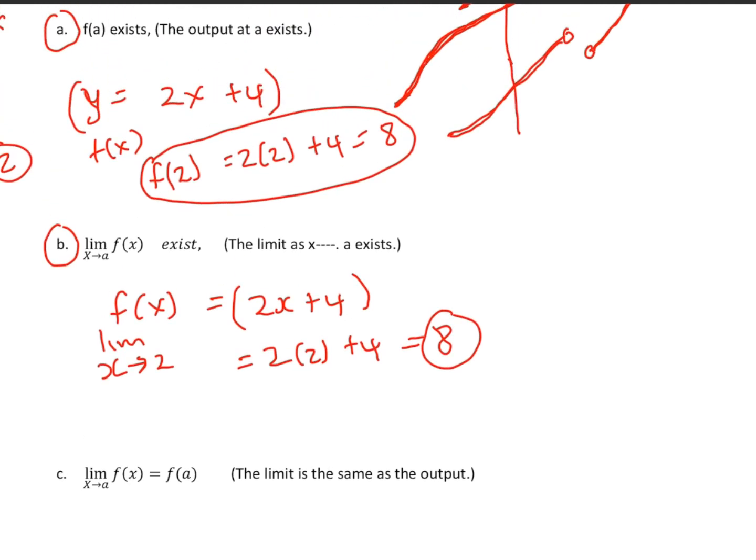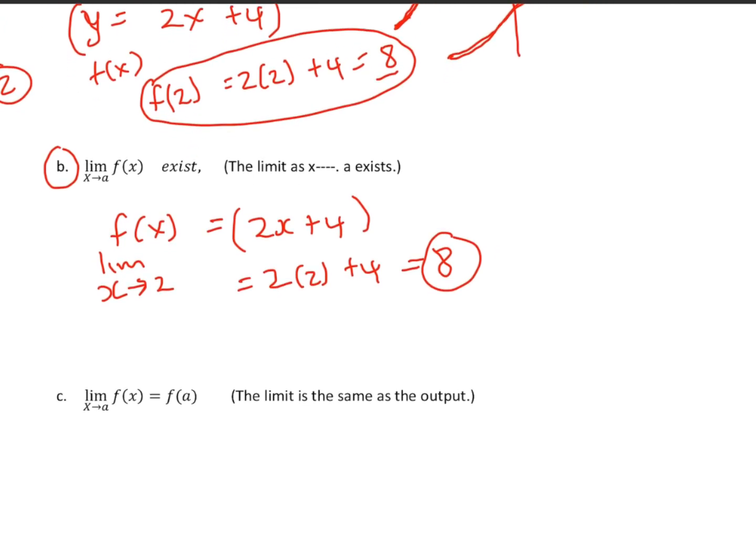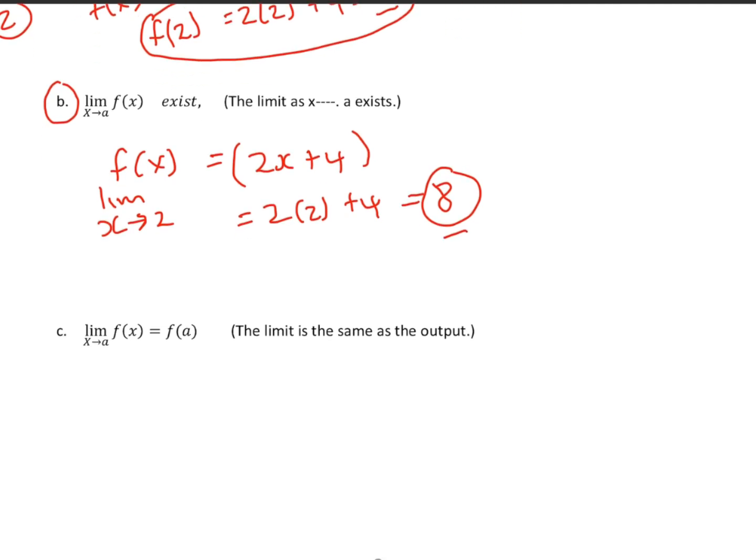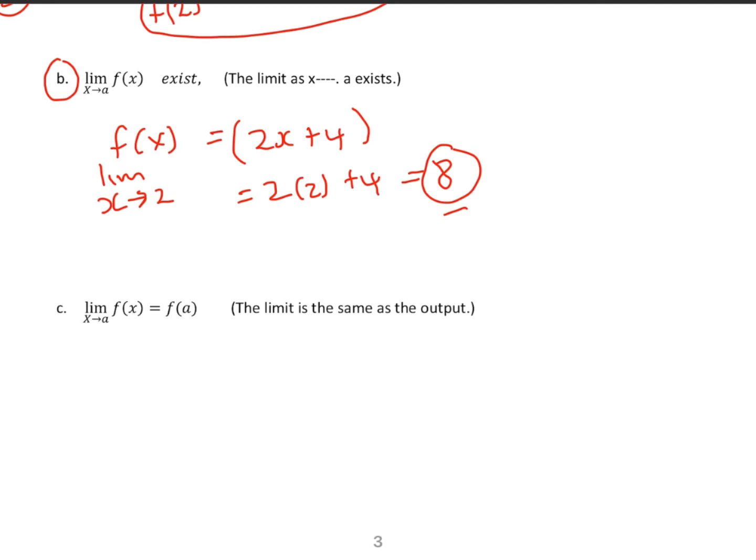In this case, the function value was 8, and from the second condition, the limit of that function is also 8. So the limit of f of x is equal to f of a, and therefore the limit is the same as the output, and we can say that the function f of x equal to 2x plus 4 is continuous at x equal to 2.